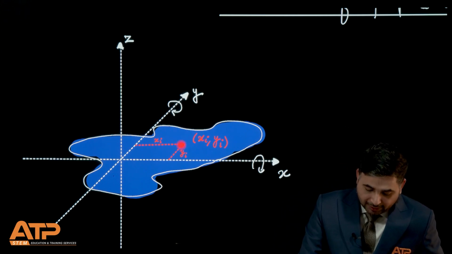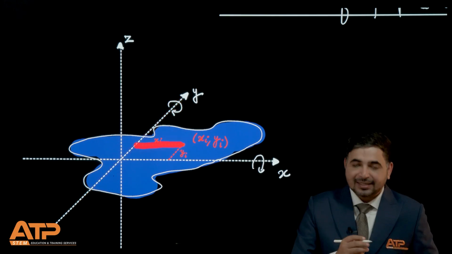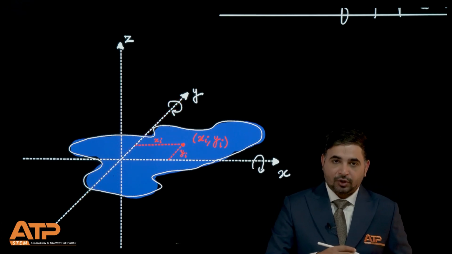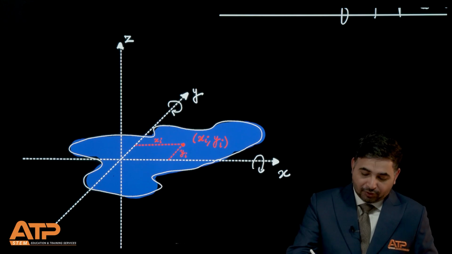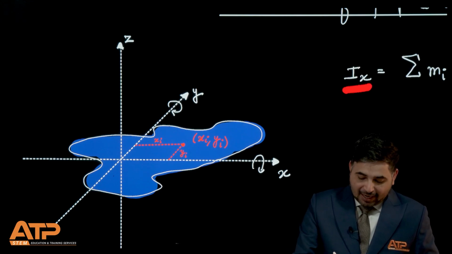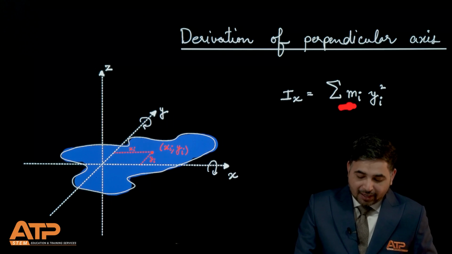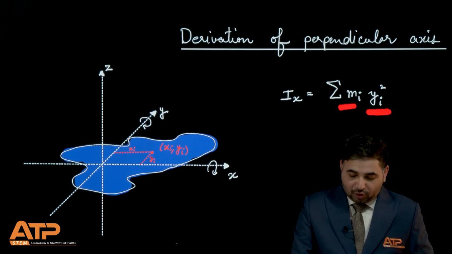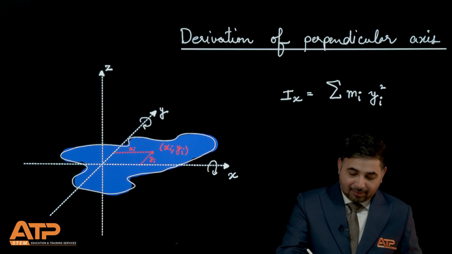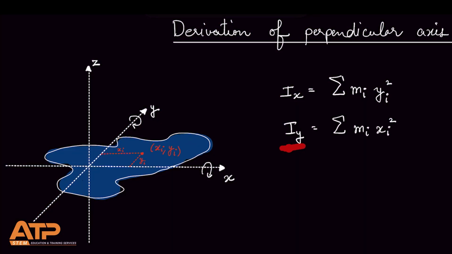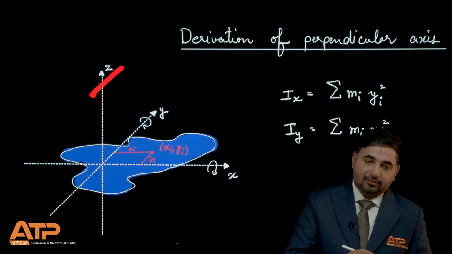Similarly, this point, how far it is from the y-axis? It is xi distance far from the y-axis. So if I have to write moment of inertia about x, Ix, that would be summation of mi yi square, because the distance from the x-axis is y. Similarly, if I have to write Iy, it's going to be summation of mi xi square. What about Iz?